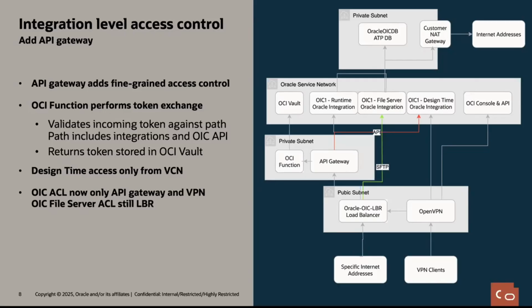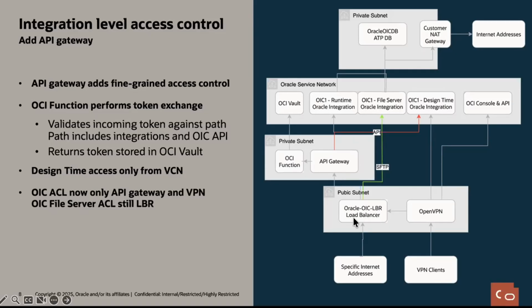So in this case, I've put my API gateway behind the load balancer. You do actually have a choice. You could replace the load balancer with an API gateway. Note the API gateway does not support file server, doesn't support anything other than HTTP traffic. But you could replace the runtime access with an API gateway.